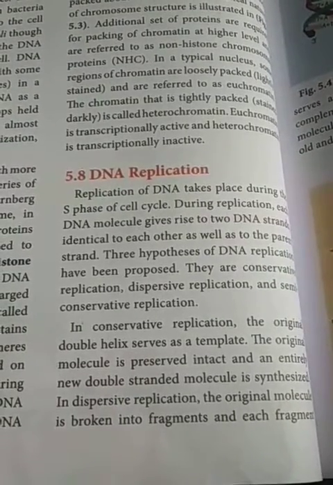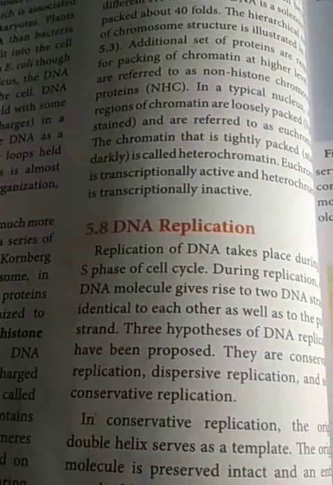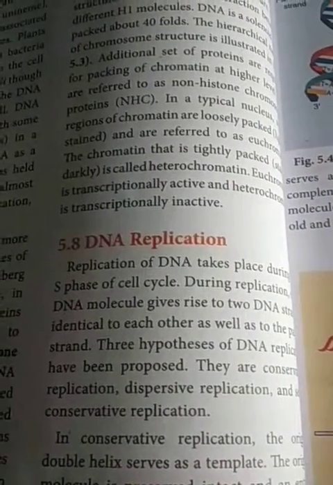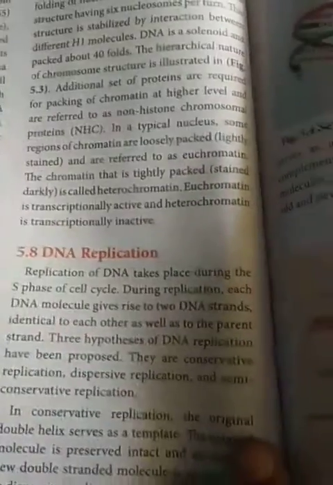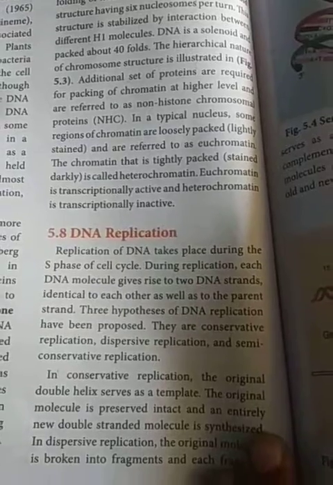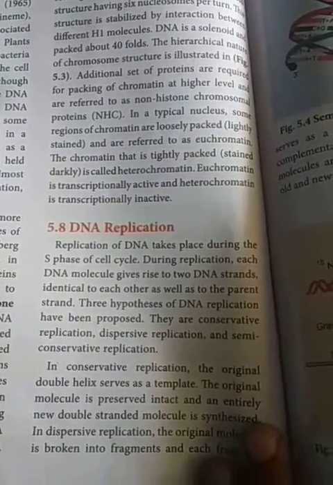So in the replication process, DNA molecules produce the same DNA copies, identical to the parent strand. Just as the parent strand is, a new offspring is produced, or we can say it is produced as identical copies. That process is known as replication.